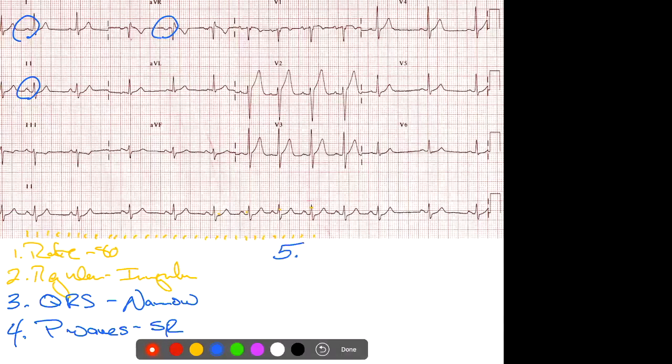Number 5 would be the QRS complex. If I'm looking at V3, could I not interpret those waves as being wide? I'm trying to see how I can measure it.